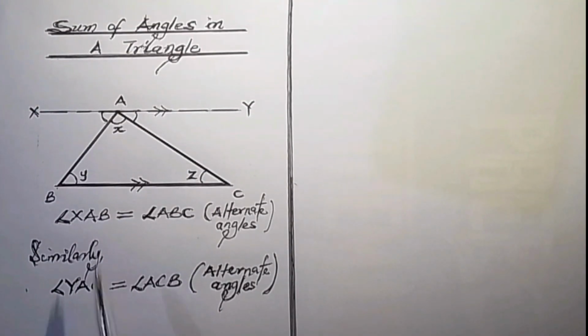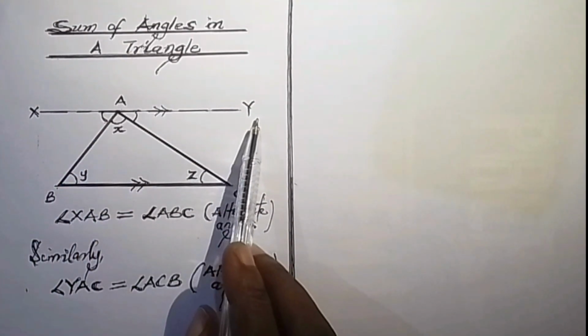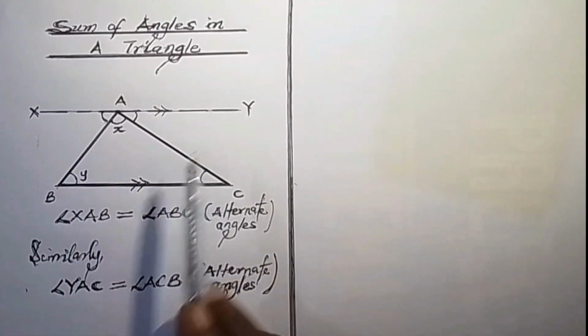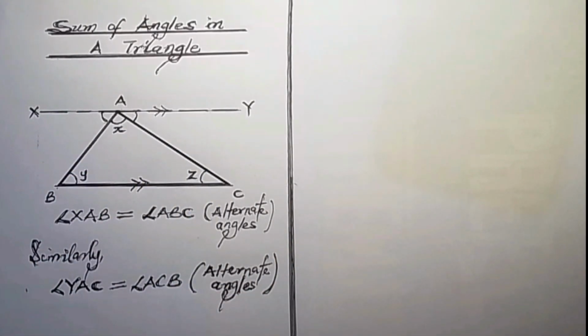Note that XAY is a straight line, and angles on a straight line add up to 180 degrees.